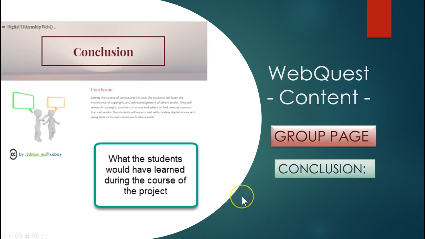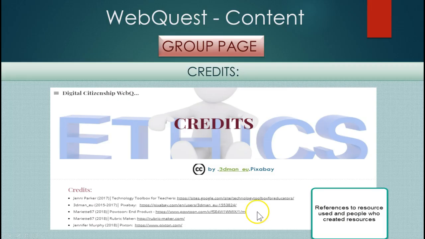As a conclusion, you will have to write up a brief reflection on what the students would have learned during the completion of this project. Credits. Looking at the credits. On the credit page, you will give credit to the people, the images, and the people's works that were used during the creation of this WebQuest.